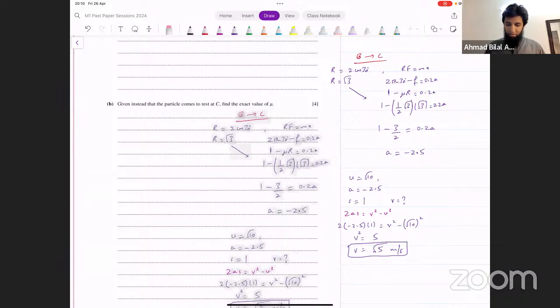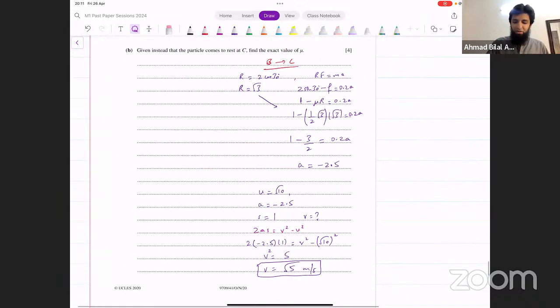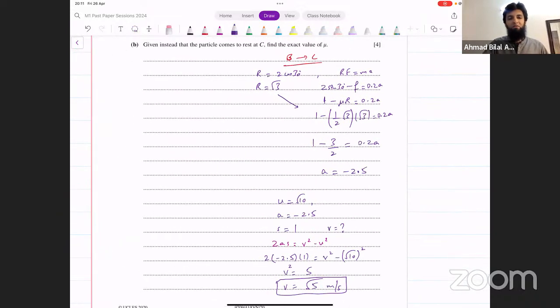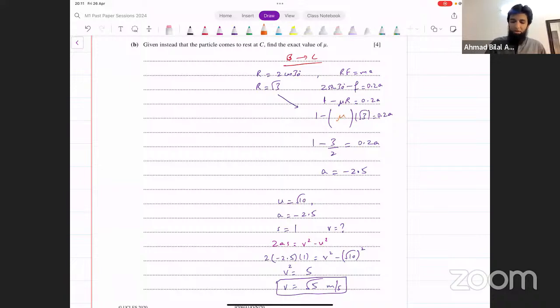Now what is changing? We are not given the value of mu anymore. So we can't use mu equal to √3 over 2 here. R remains the same as before. Instead of this, we are going to write mu here. This is the equation that we get.